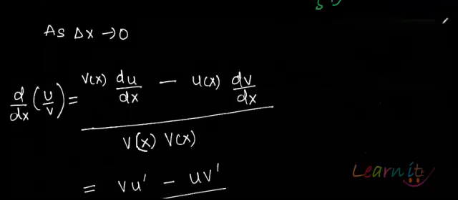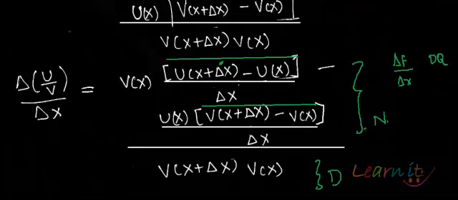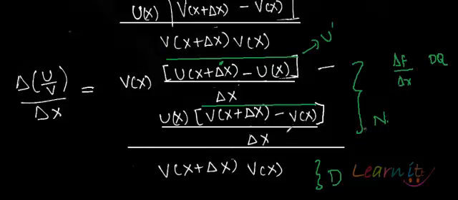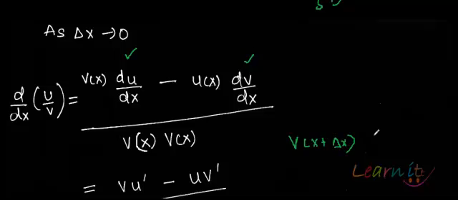Just like in the product rule, as delta x goes to 0, this thing will be nothing else but u'(x), and this thing will be nothing but v'(x). So this is du by dx and this is dv by dx: du by dx multiplied by v(x) minus dv by dx multiplied by u(x), whole upon v(x plus delta x), which via continuity will turn into v(x) as delta x goes to 0.